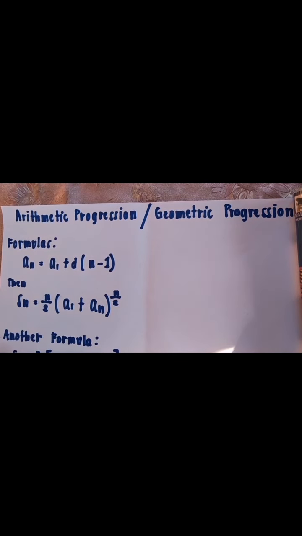Then the second one is S sub n, which means the sum of n terms. It equals n over 2 times the first term, a sub 1, plus a sub n, the end term or the last term.